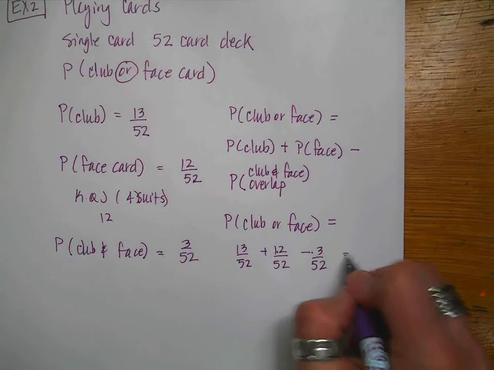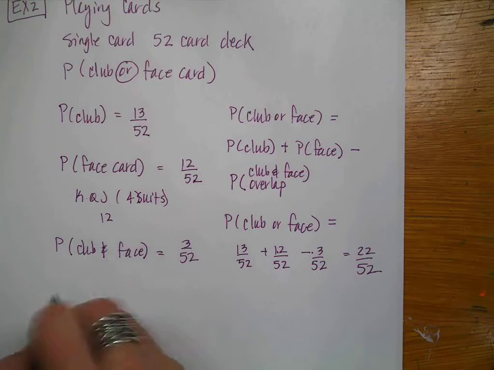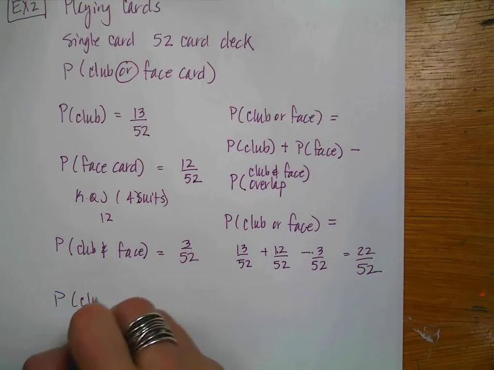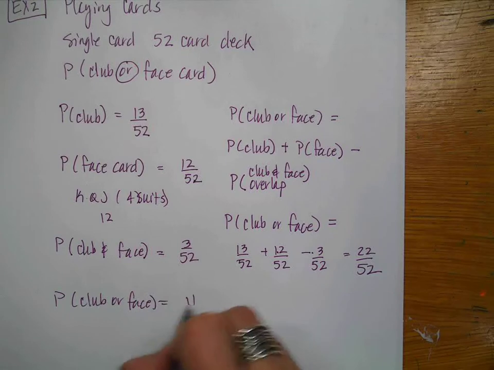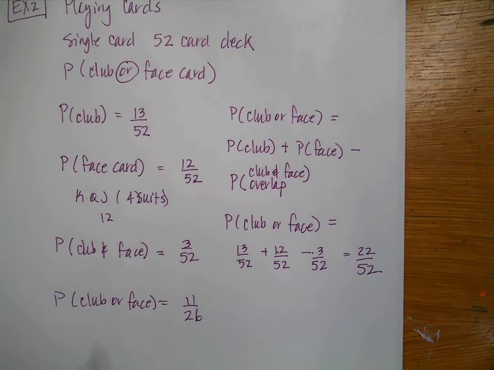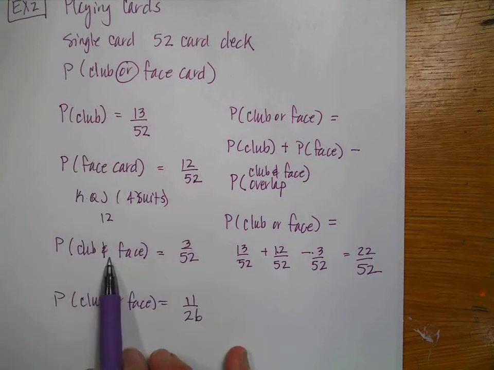So this is 25 minus 3 is going to be 22 out of 52. And if you reduce the fraction, you're going to get the club or the face is equal to 11 out of 26. Okay? So you always want to think about what are the individual probabilities and what are the probabilities where they overlap.